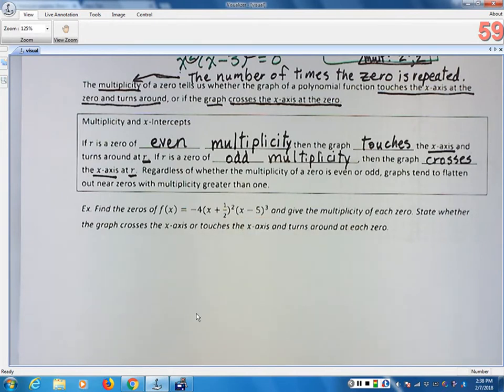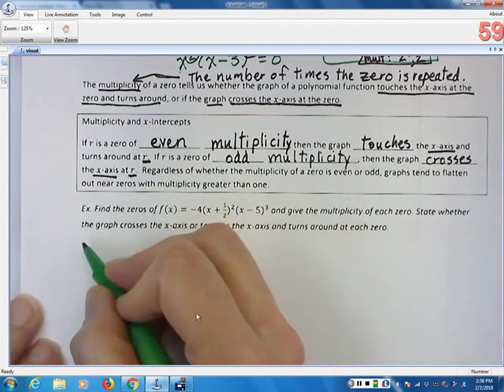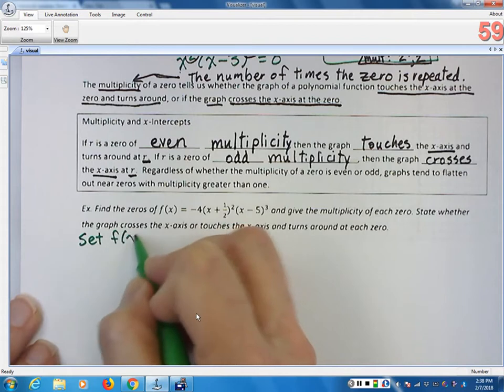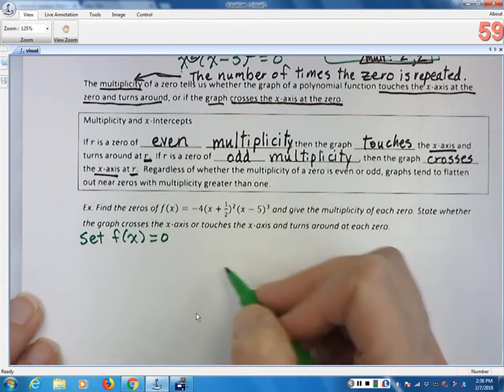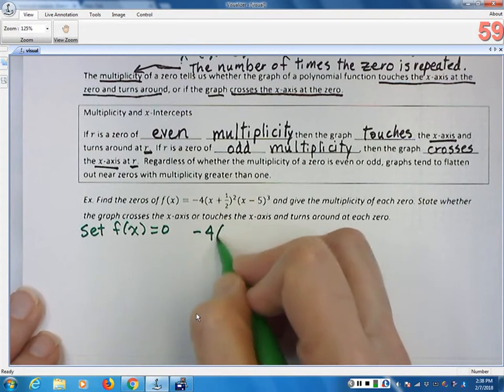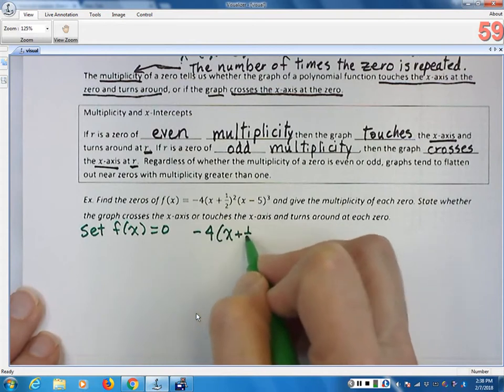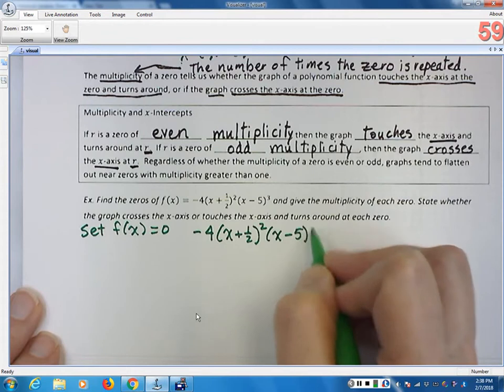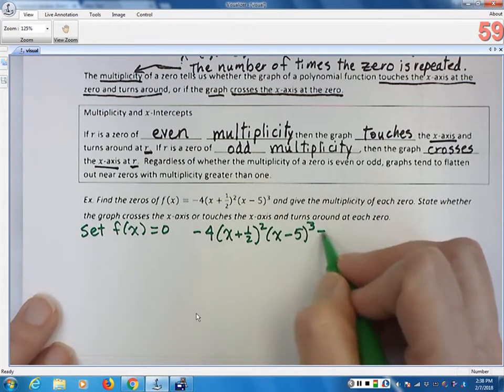It's already in factored form, so we're going to set f of x to 0.